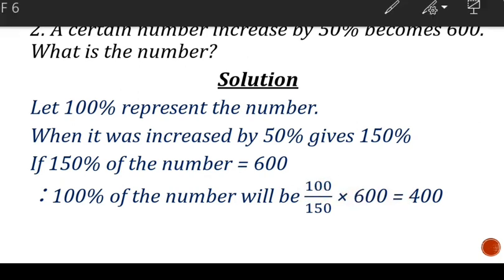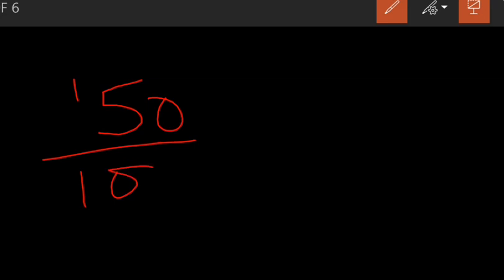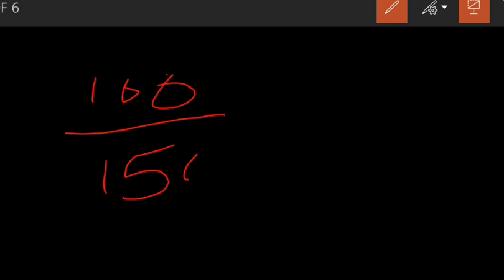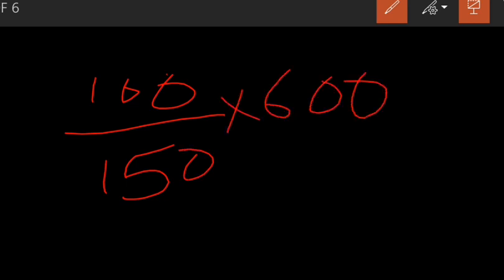How do we do that? 150 over 100 over 150 multiplied by 600. This is the same thing as all over 1.